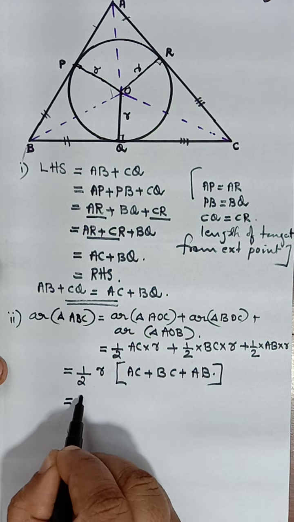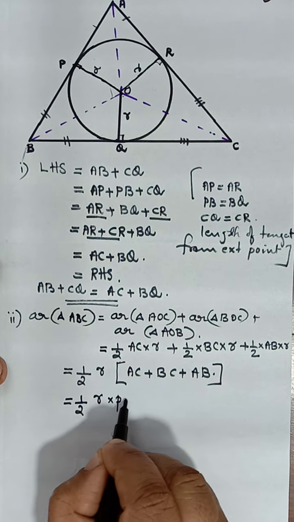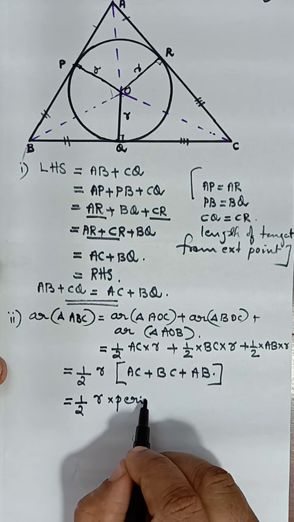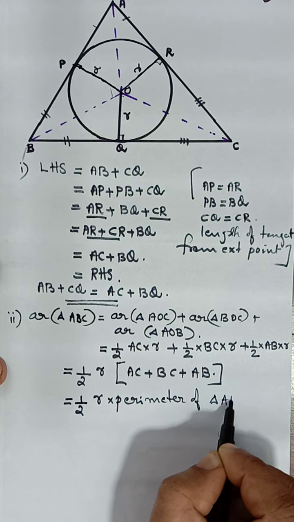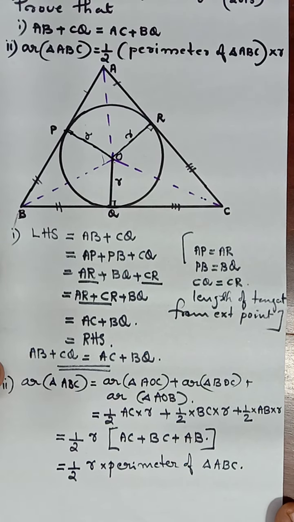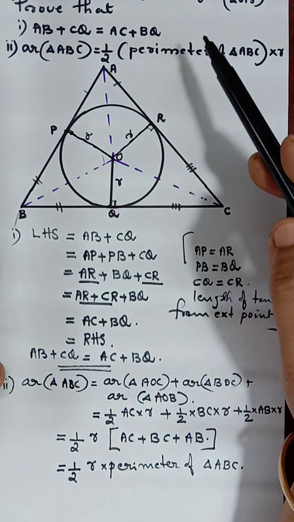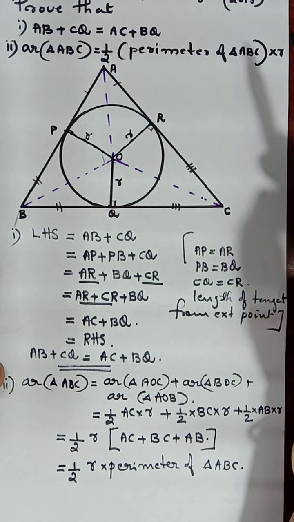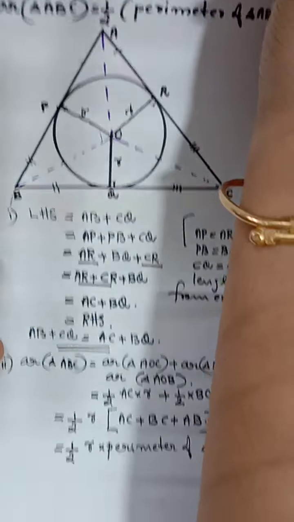So we can write it as half into radius into perimeter of triangle ABC. If you want to write it in the form in which the question is given, that is area of triangle ABC equal to half into perimeter into radius, or half into R into perimeter. If it changes, no problem. So it is the same.